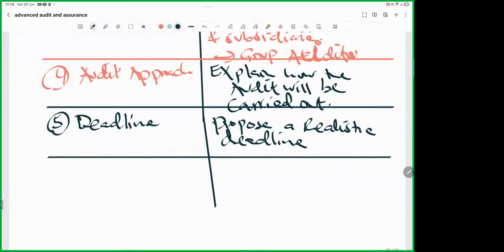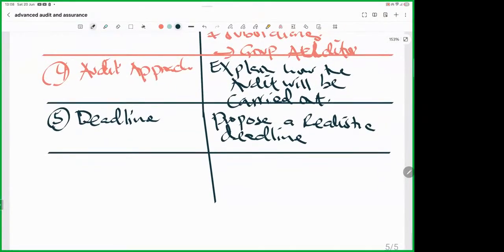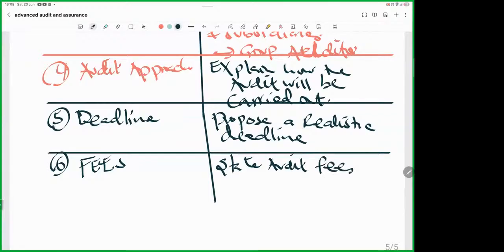In the tender document, ladies and gentlemen, you must always mention something to do with the fees. State audit fees and the fee breakdown.